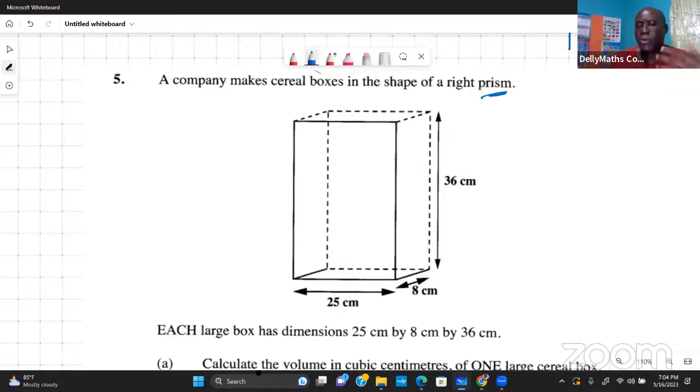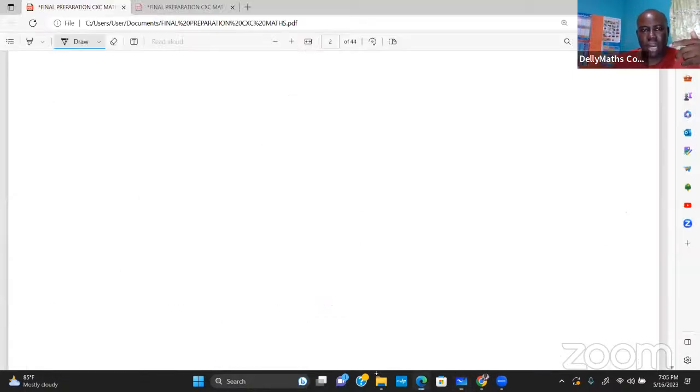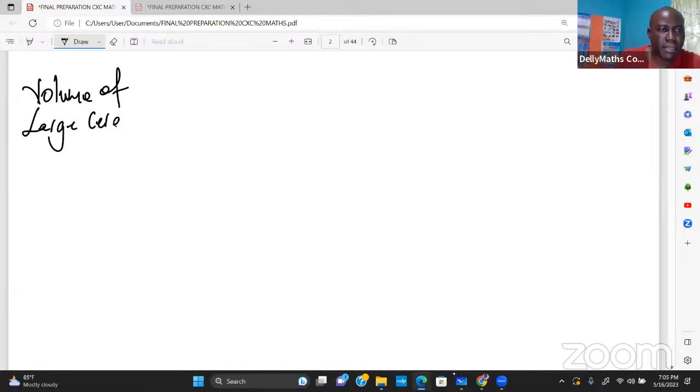Here is the deal. We have the dimensions of 25 by 8 by 36 centimeters. Each box has dimensions they tell you. Now watch this. Here's a question. Calculate in cubic centimeters the volume of one large cereal box. We can calculate the volume easily. So let me write this. The volume of the large cereal box.